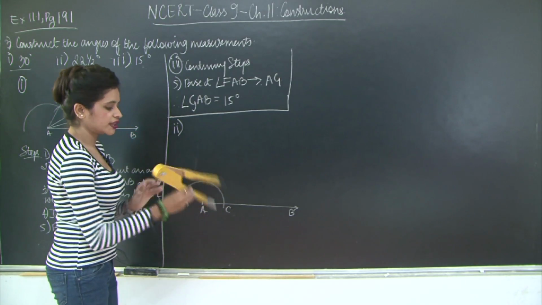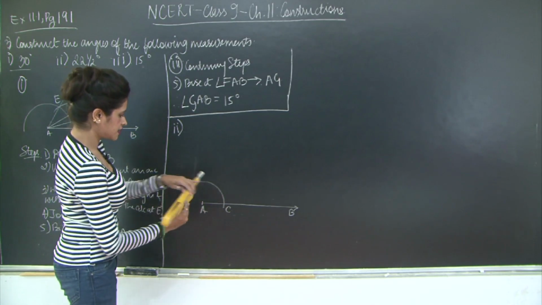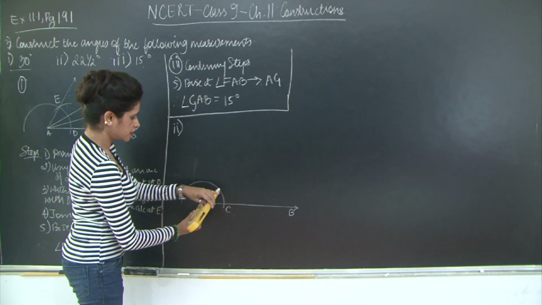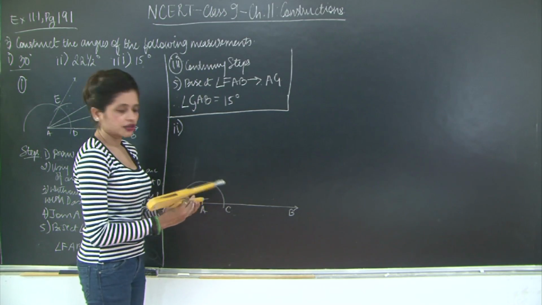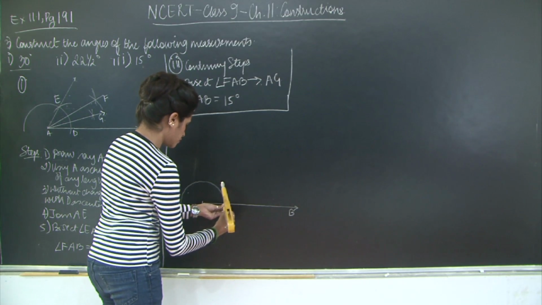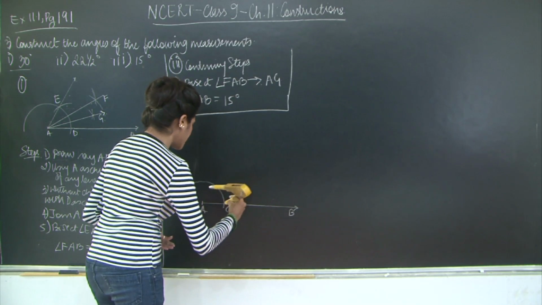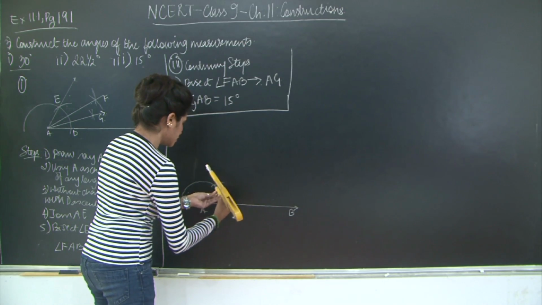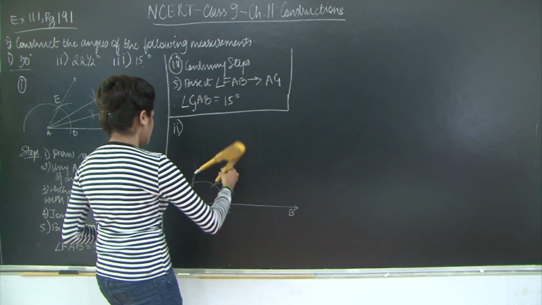Now without changing this length, see the length is the same, right? You are going to cut this arc through C into 3 equal parts. So the 3 equal parts, I will name them as D, E, F. Let me just do the construction, then I will mark the points.